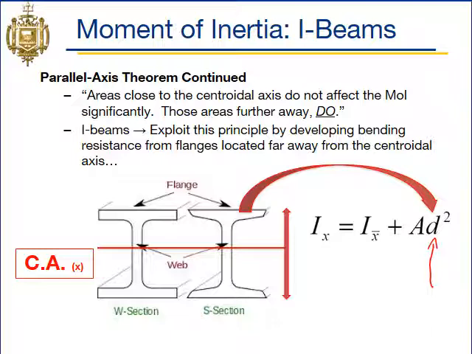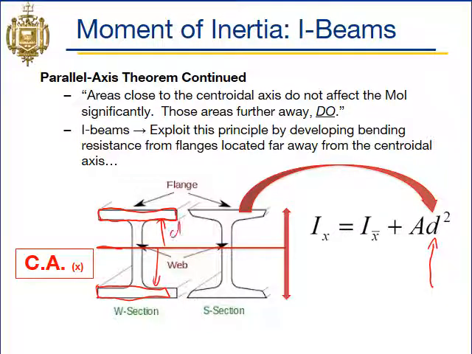Right, so in an I-beam, let's say this red line here, that's our central x-axis of the entire I-beam. And in I-beams, what we do is we take these large pieces of steel, call these the flanges, and we put them far away from our centroidal axis.